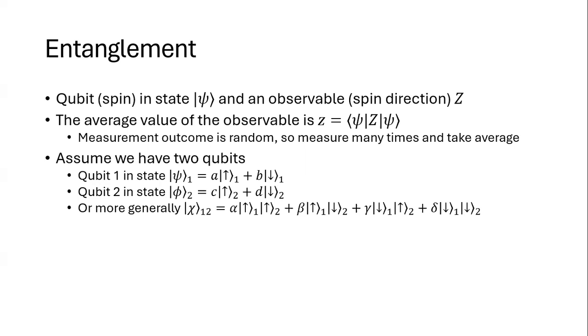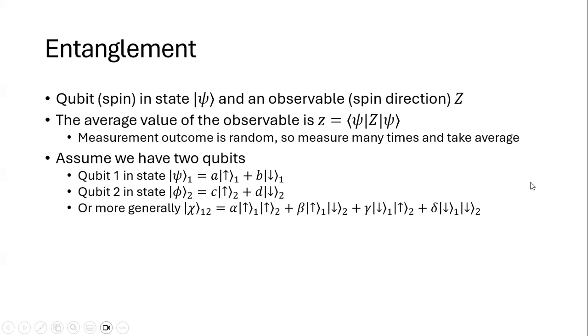So let's say you have two qubits and you prepare your qubits in two different ways. One way of preparing your qubits is that you prepare them separately. So your qubit 1 is in state psi 1, as you see over here, just a superposition of being in spin up and spin down. And same for qubit 2, you prepare it in state phi, let's say, with some other superposition of up and down.